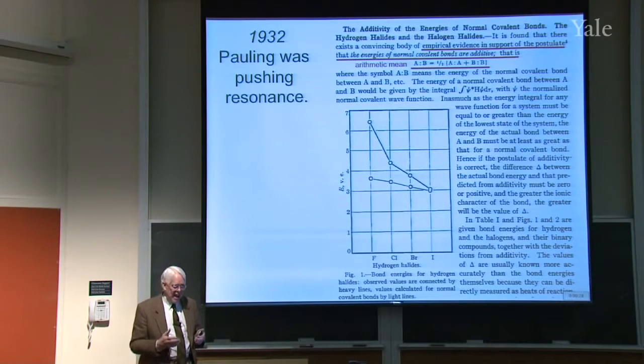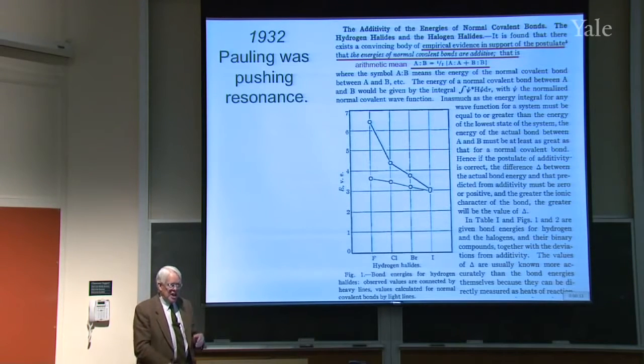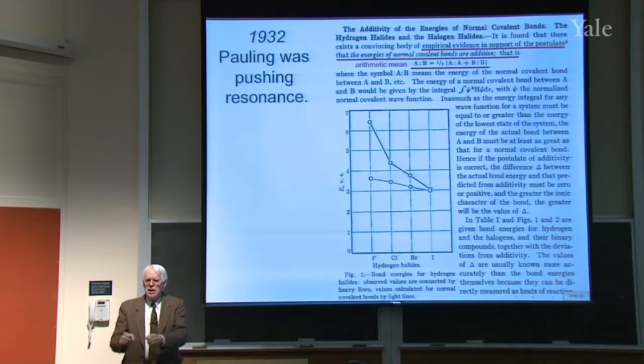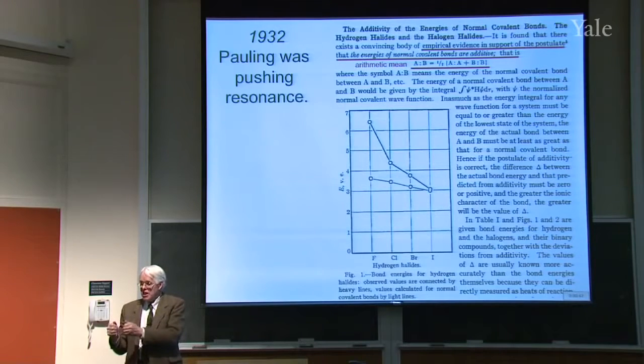Now, what does he mean by additive? That is, if you have atoms A and B, you could have AA, you could have BB, and you could have AB. And his idea is that the bond strength in AB should be the average of what you have in AA and what you have in BB.